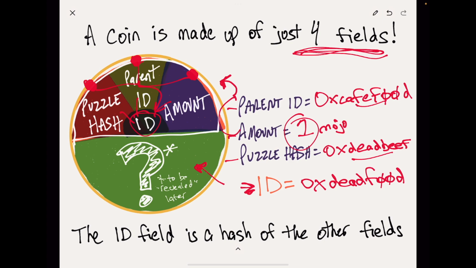And then those 3 together are added together and hashed to equal the ID of this coin, which will be used when we create children coins from this coin, as we spend it. Okay? So relatively simple from that perspective.